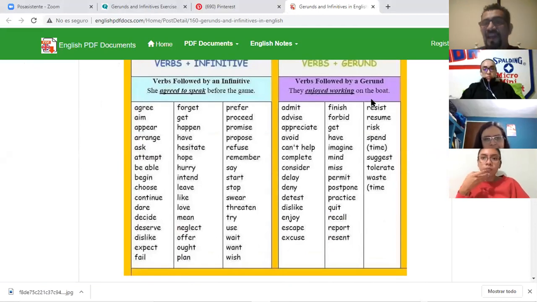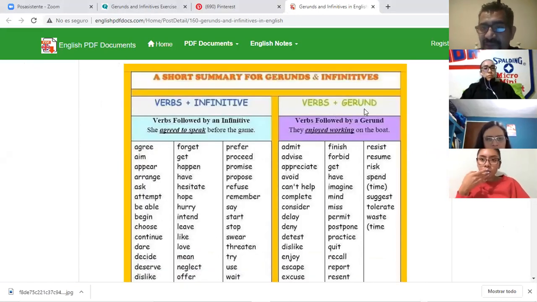Yep. Okay, as you can see here in the list that says verbs plus gerund, you can see verbs followed by a gerund. For example, they enjoyed working on the boat. So every time that you use these verbs, the next action is in gerund.